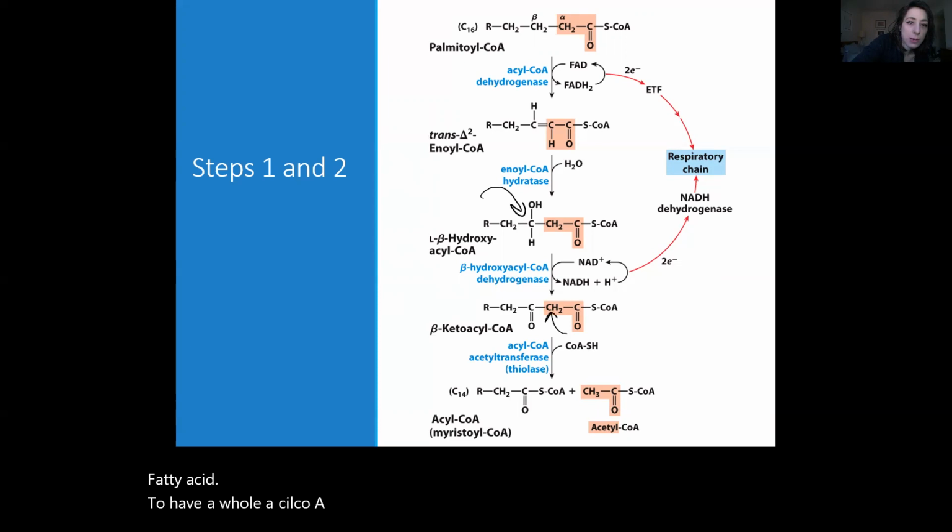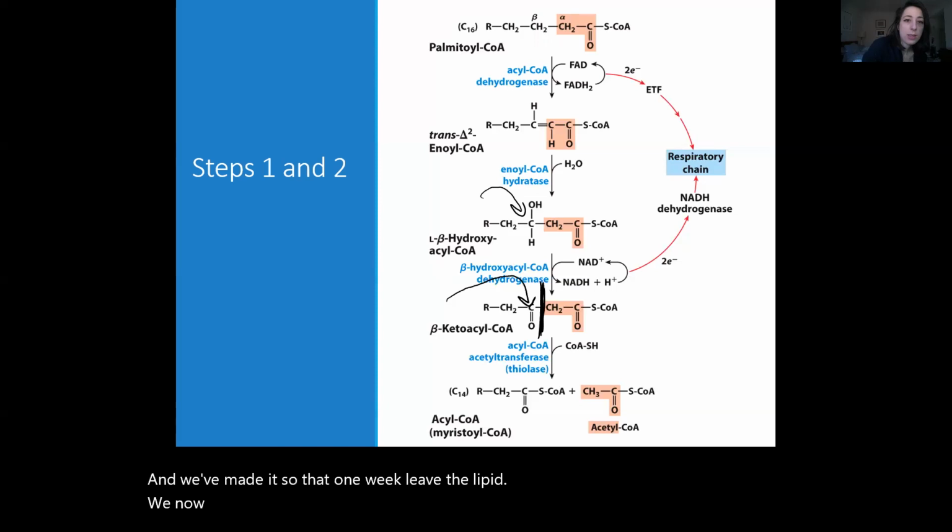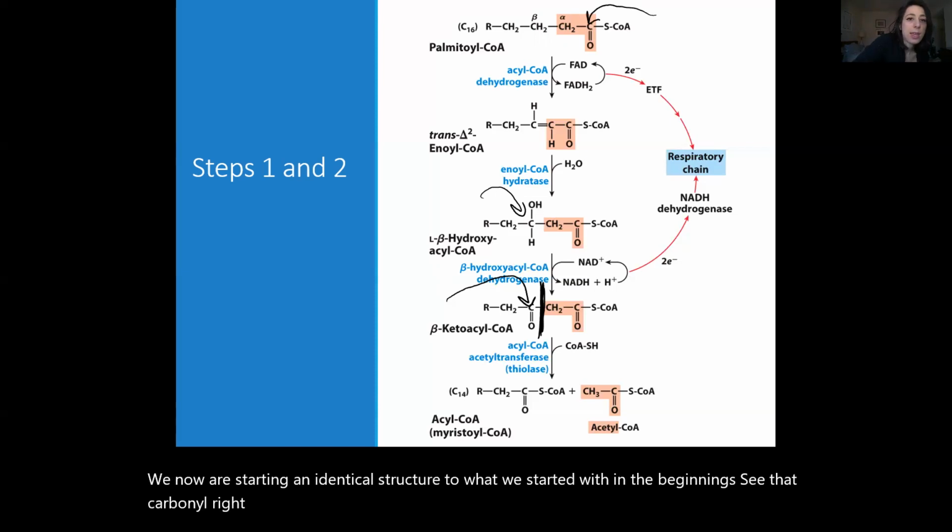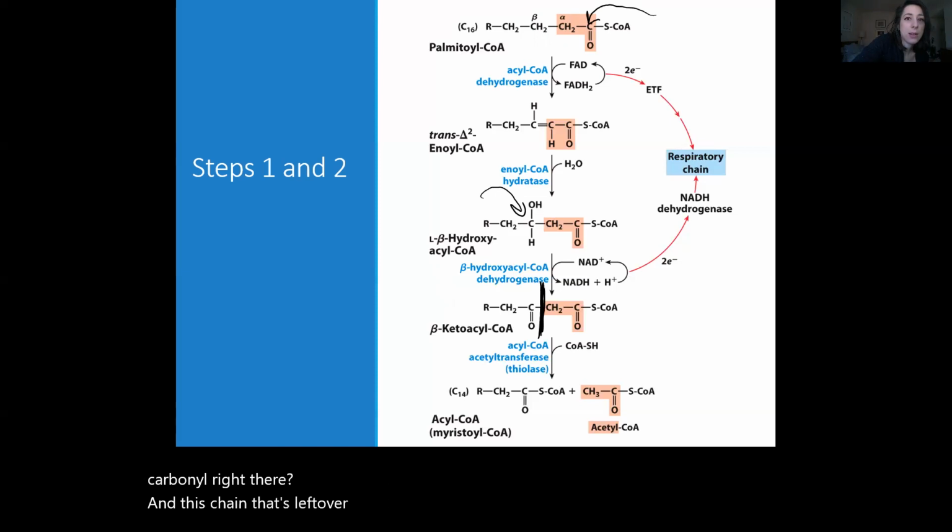Notice 1, 2 carbons and our thiol-CoA. This is the backbone of an acetyl-CoA. And we've made it so that when we cleave the lipid, we now are starting with an identical structure to what we started with in the beginning. See that carbonyl right there. And this chain that's left over can continue now going through the process of breaking off chunks of 2 carbons.